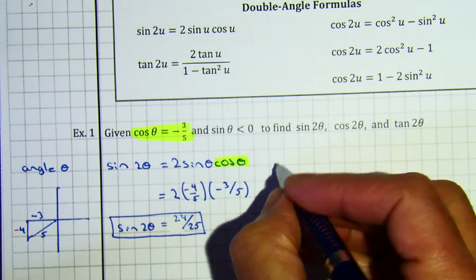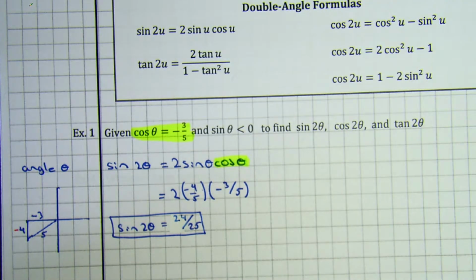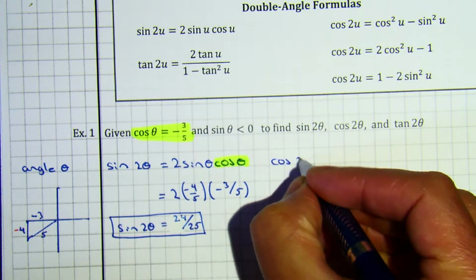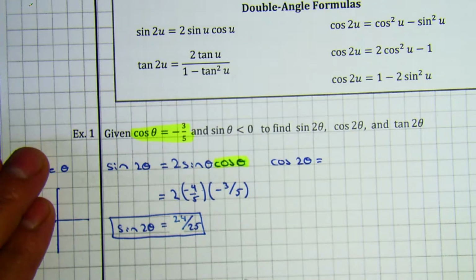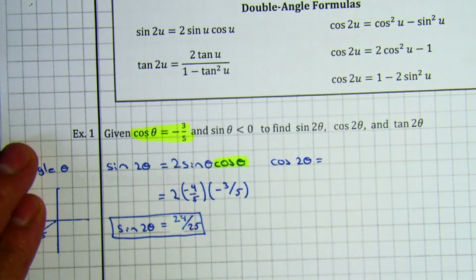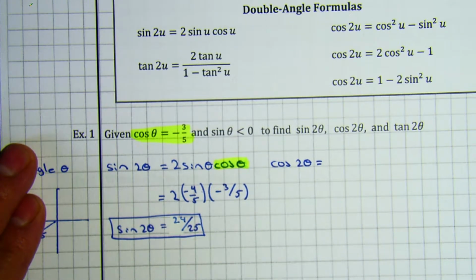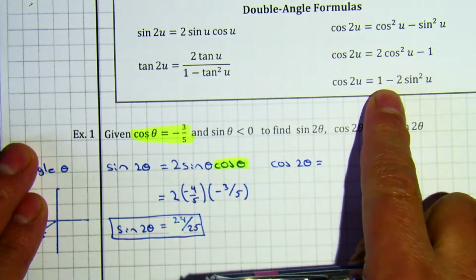Now the cosine of 2 theta. For the cosine, we have 3 different identities or formulas that we can use. And you get to decide which one you want to use: the first one, second one, or third.